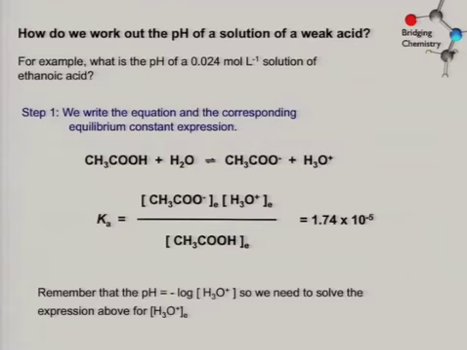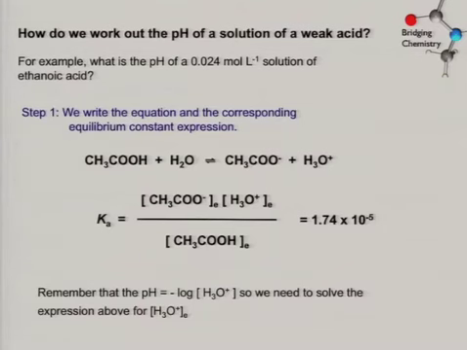And then it says at the bottom, remember that the pH is the negative log of the concentration of H3O plus. So what we need to do is we need to work out what this is, right? So what we're going to be about, this gives us a number, and it says that the concentration of this times the concentration of this over the concentration of this equals that number.